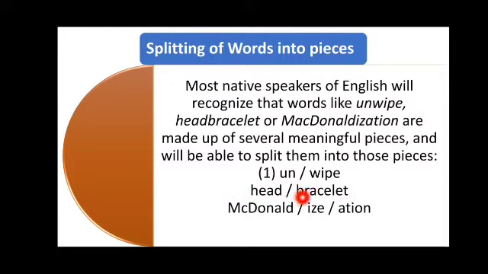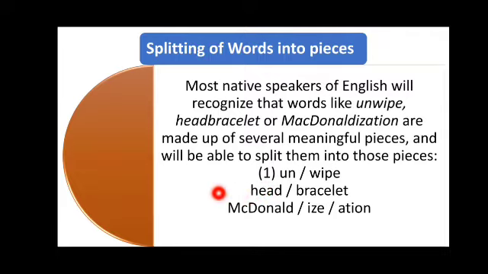If you want me to explain the meaning of these words, to unwipe is to restore deleted data to the hard disk of a computer, something which is, of course, impossible. Similarly, a hat bracelet is a handbag with partly decoration.